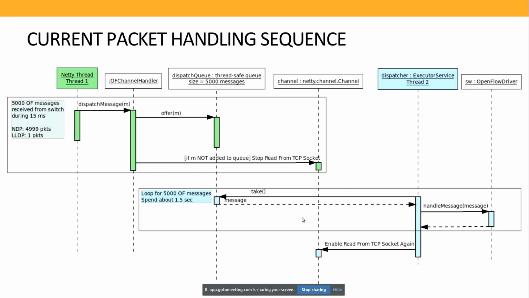According to our investigation, reading 5,000 OpenFlow messages takes only 15 milliseconds, but processing them to allow reading from the socket again takes about 1.5 seconds in our setup.